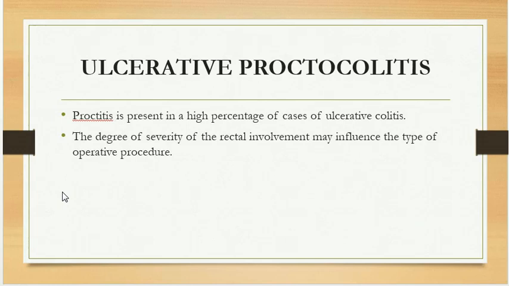So, one specific form of proctitis is that it is part of ulcerative colitis. In about 90% of the cases of ulcerative colitis, the rectum is involved, and our diagnosis or biopsy may be confined to the rectum in cases of ulcerative colitis.